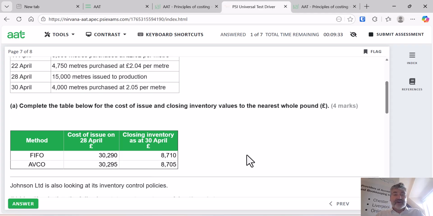Okay, so for the AVCO method, just before an issue is made, work out the average cost per unit of the inventory that you hold. Use that costing to value any subsequent issues. So every time you make a purchase, that average unit cost effectively gets revalued.